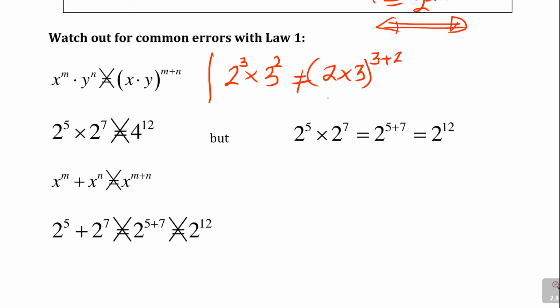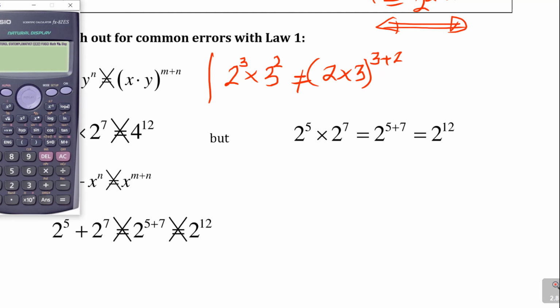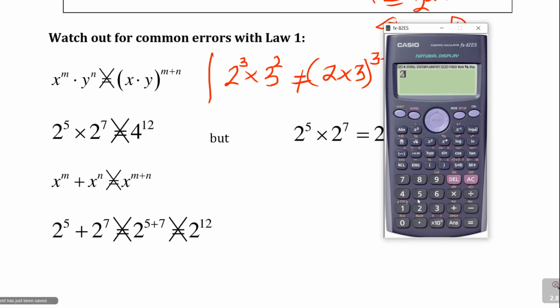No, it's not going to be the same. You can test it with the calculator. Let's test the first one. What is 2 to the exponent 3 times 3 squared?